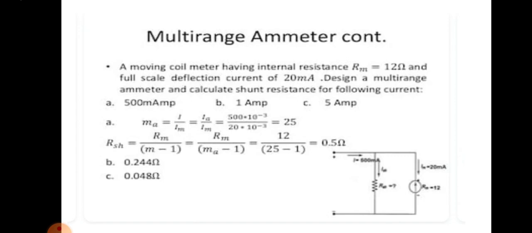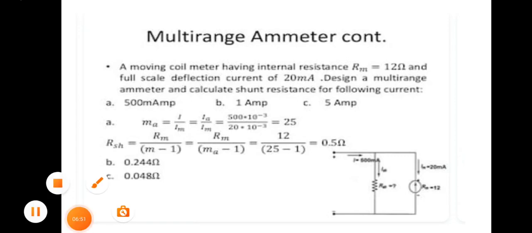So after calculation we will get 500 upon 20, which gives 25. Now we have got the value of M. Now we can calculate the value of shunt resistance. So Rsh is equal to Rm upon M minus 1, putting the value of Rm, which is given as 12 ohms, upon the value of MA that we have calculated, 25.